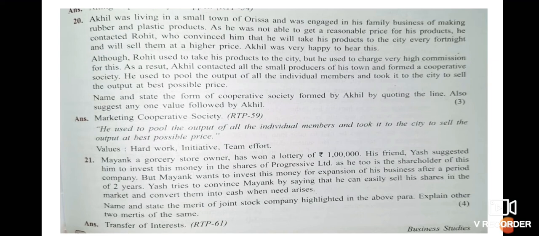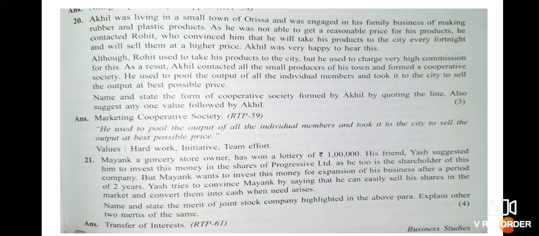Now, children, case study, I told you, you should always go from the last, okay? So name and state the form of cooperative society formed. Here Akhil, though he is doing family business, has made a cooperative. He hired one of his friends, Rohit, but he was taking a lot of commission. So Rohit is a middleman.